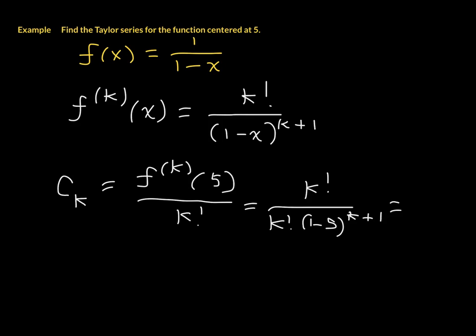K factorial divides out with k factorial, and 1 minus 5 is negative 4. So then this is really 1 over negative 4 raised to the power of k plus 1.